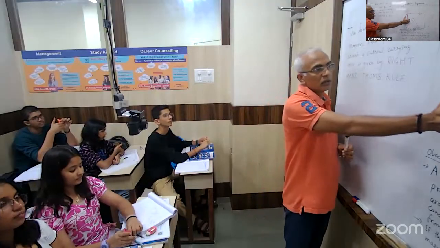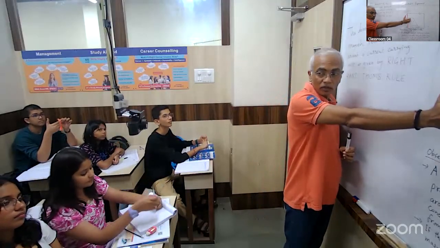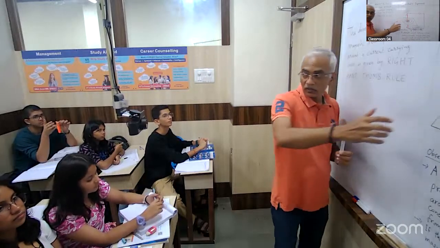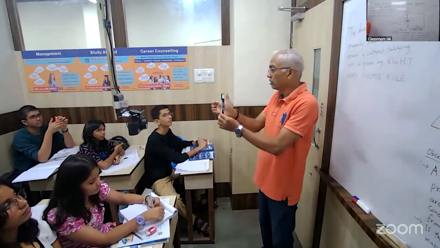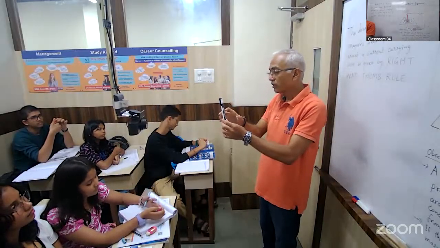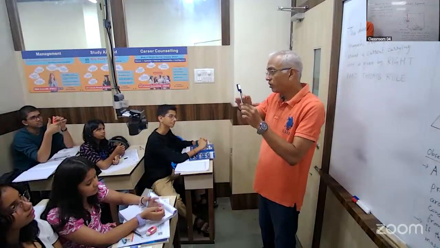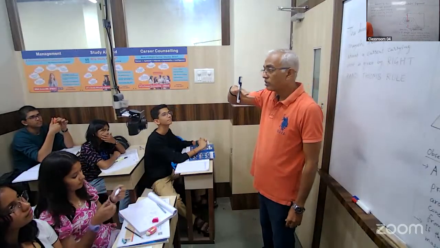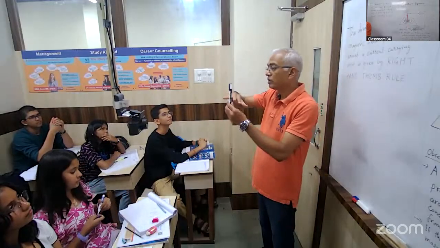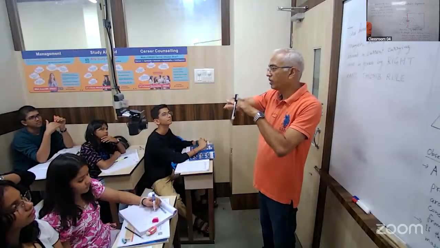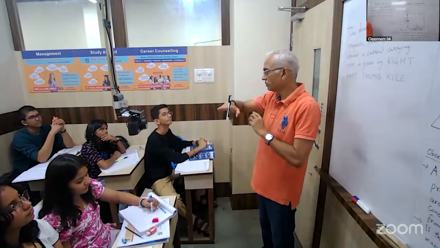So what is the finger pointing at? Anti-clockwise direction. So when the current is upward, the field direction is anti-clockwise. And where is the field? It is in the plane perpendicular to the current. If this is the wire, current is going up, the field is in the plane perpendicular to the current.